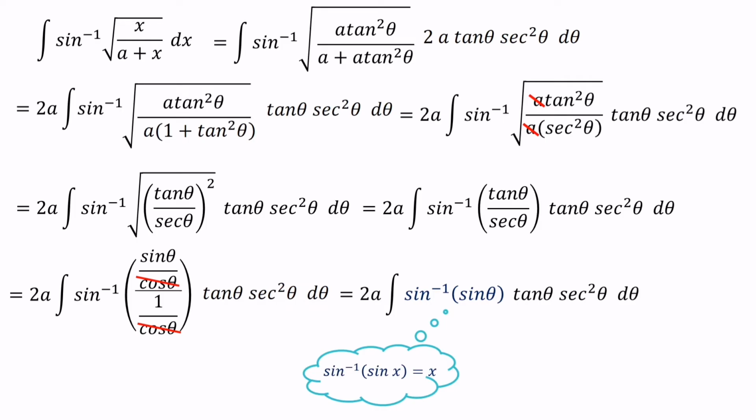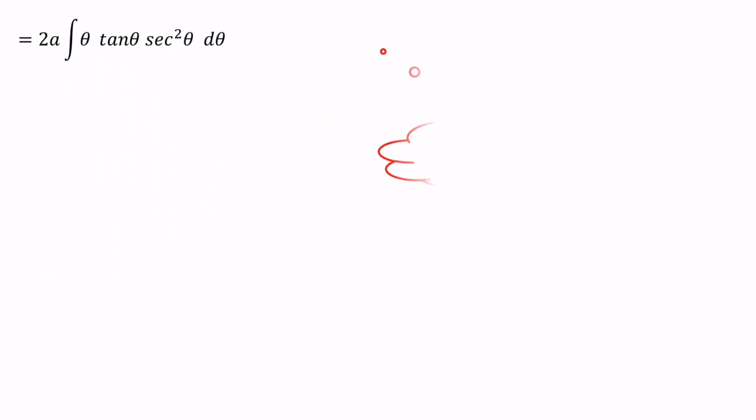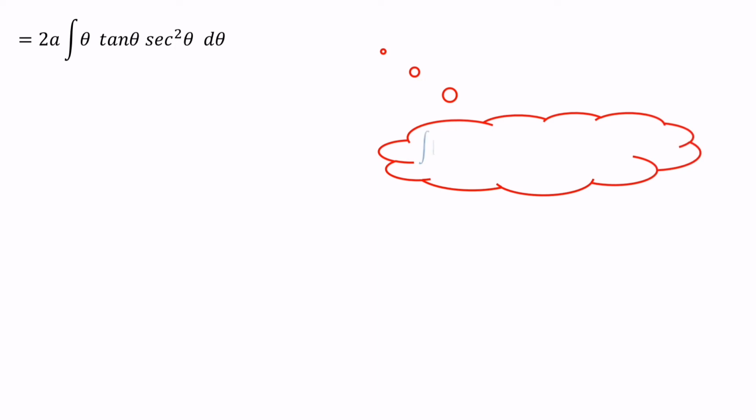Finally, to simplify this integral theta tan theta sec squared theta d theta, we can use the integration by parts method. Integral f(x) to the power of n into f dash x we can get as f(x) to the power of n plus 1 over n plus 1. Here f dash x means differentiation of f(x).